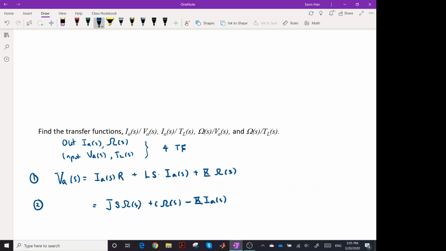And I believe that's equal to minus the load torque. So this is the second equation.